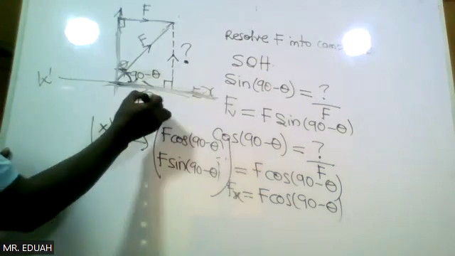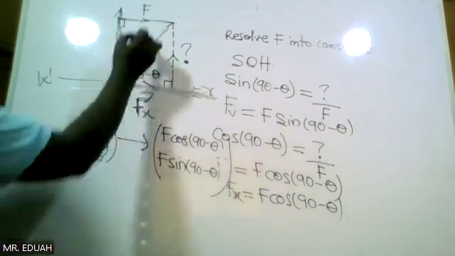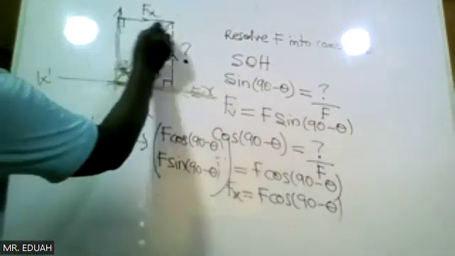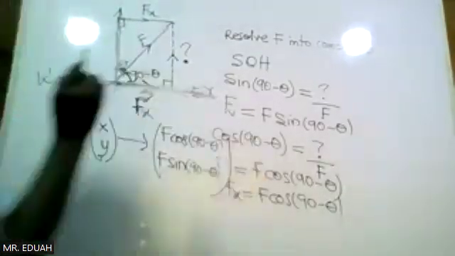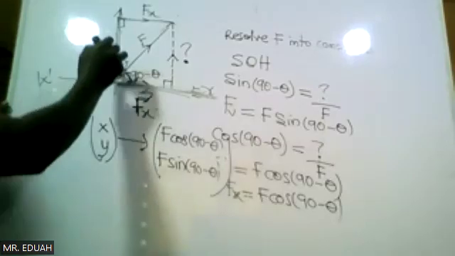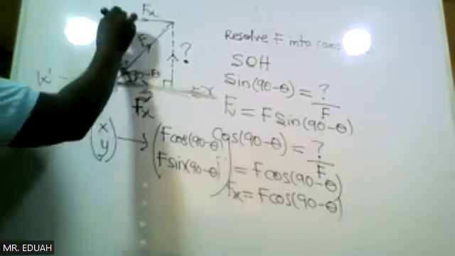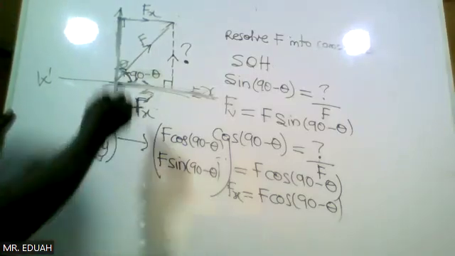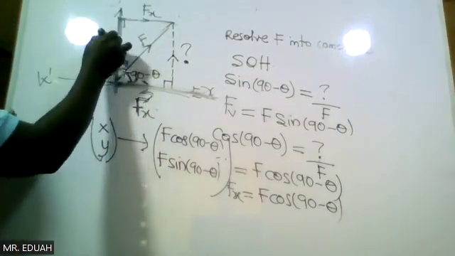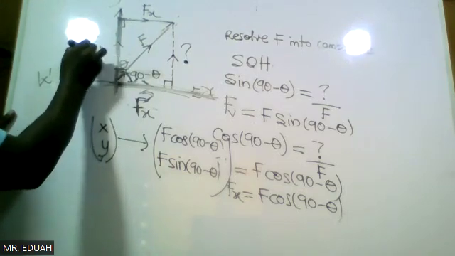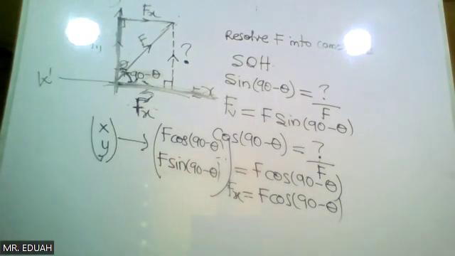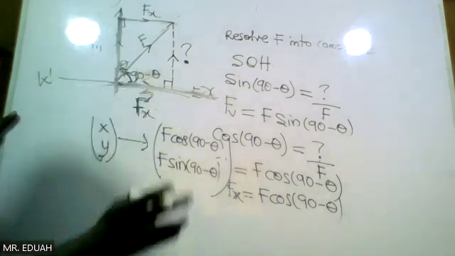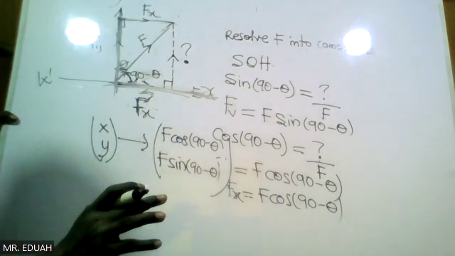And so it will bear the same thing. This is also Fx because we can read this from the x-axis. To the angle, this is the horizontal. But because it's along the y-axis, we call this Fy. So this is for using the angle 90 minus theta.